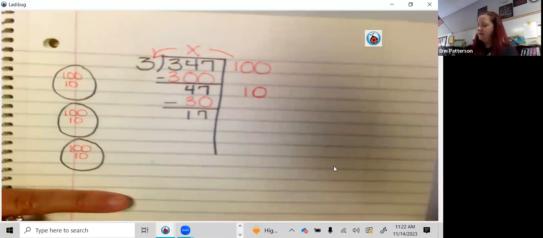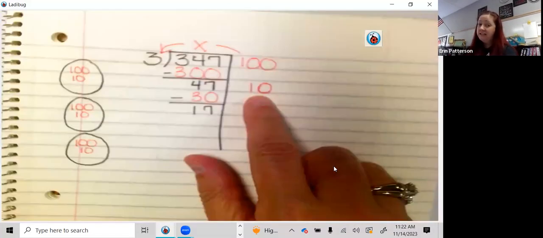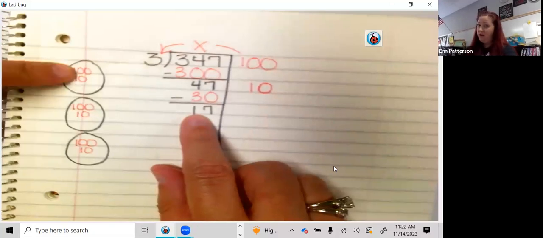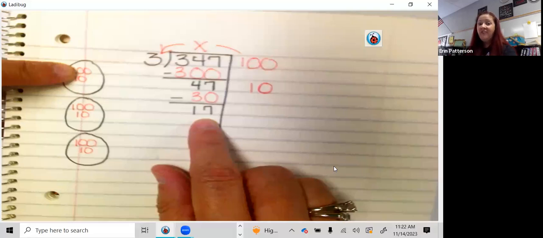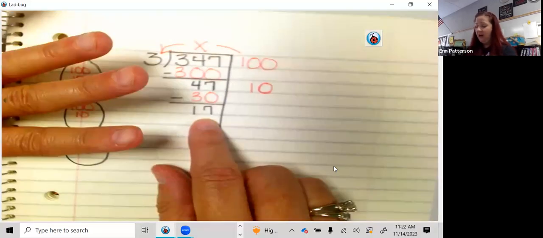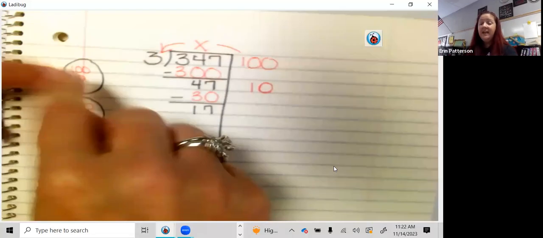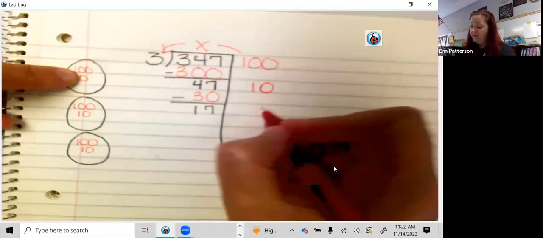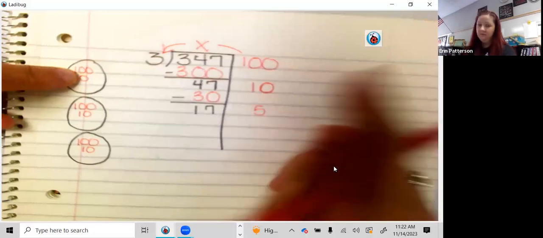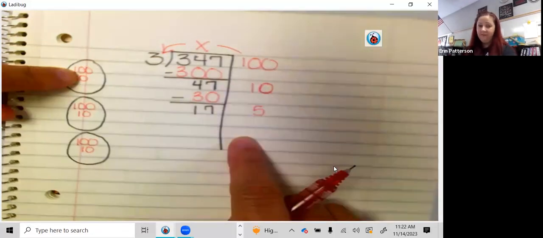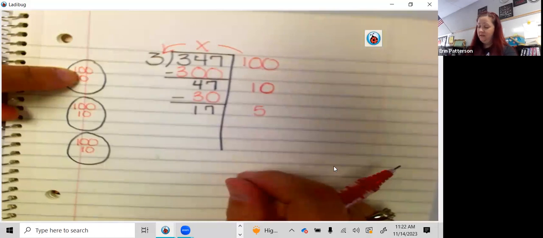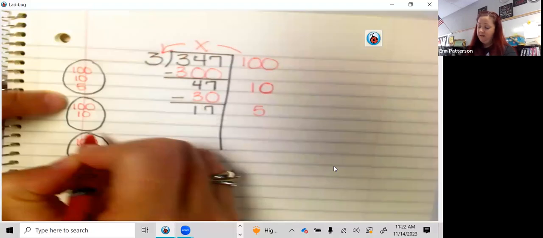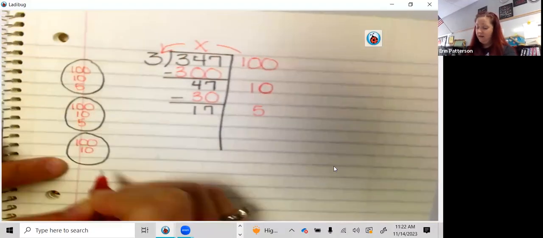I can give more candy away. Okay, so can I give each kid 10? That'd be 10, 20, 30. Do I got 30? What about 5? Yes. 5, 10, 15. Do I have 15 left at least? Yes, so I can give each kid over here 5. 5 times 3, that'd be 5, 10, 15.